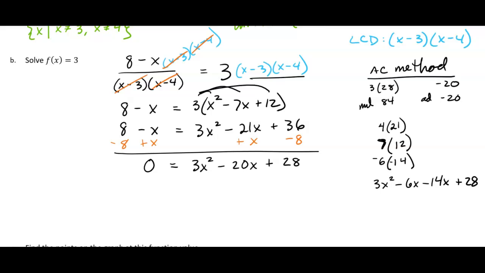And once we find those numbers, it's all but the writing now. We know it's going to work, or we couldn't have found the two numbers. So we group, take out a 3x, take out a minus 14, and so it factors into x minus 2 and 3x minus 14.